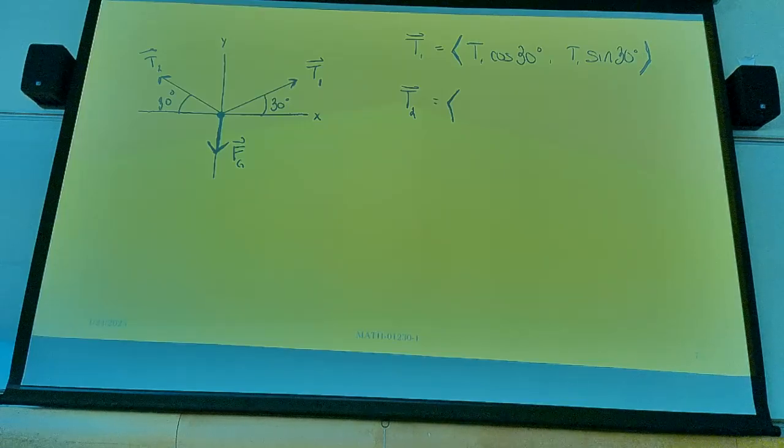No, that wouldn't work. Because your x would have to be negative, and sine of 30 is not negative. T cosine of 150 degrees, T sine of 150 degrees.